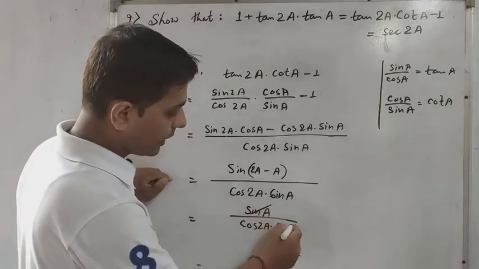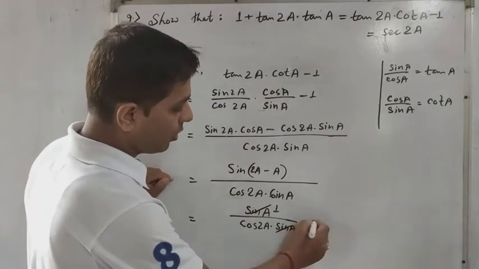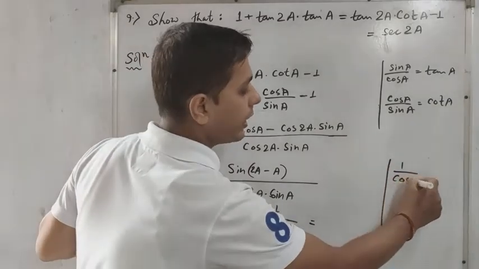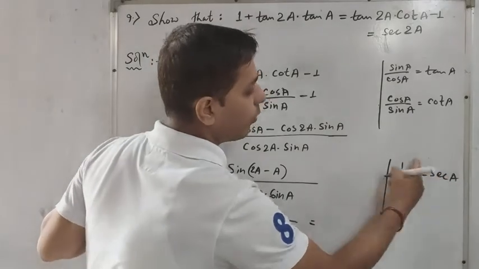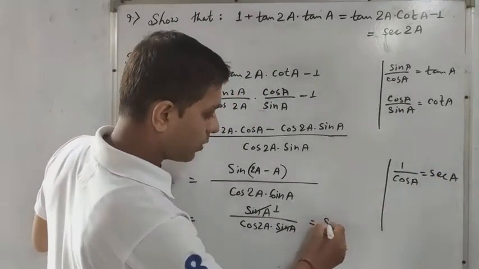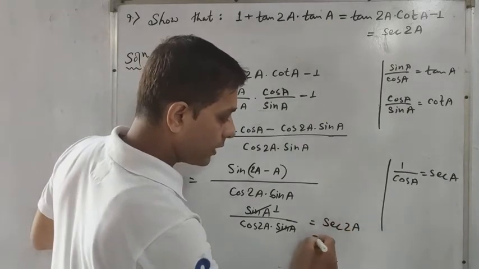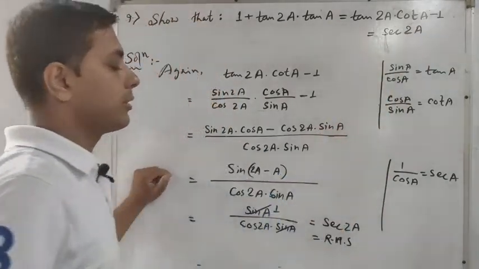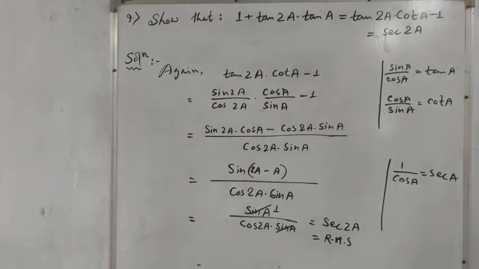Now look, sin a cancelled, on top there is 1 by cos twice a. Look, 1 by cos a is equal to sec a, then 1 by cos twice a will be equal to sec twice a. Isn't it our right hand side? Yes, it is our right hand side. So hope you have understood the solution. It's very simple. I think you will understand.